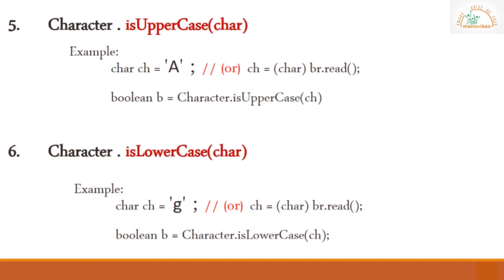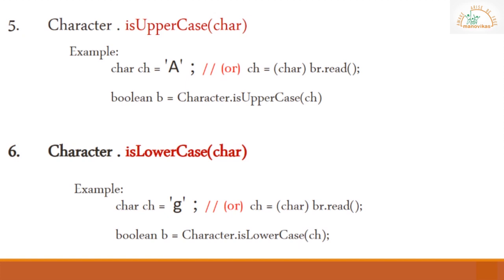The next function is isUpperCase of a character. This function will check if the inputted or the assigned character is in uppercase. For example, char CH is equal to alphabet A. Looking at it, everyone knows that I have assigned an uppercase letter A to the variable CH.